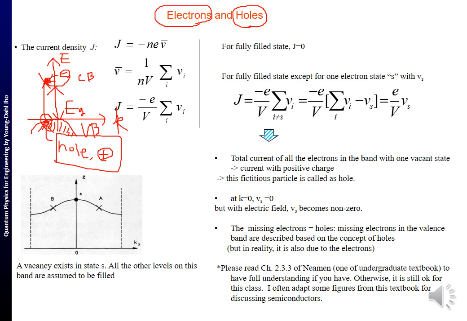The reason behind this is when you consider the current density J in electromagnetism class, J is defined as charge, minus e, so the electronic charge. So this is the current generated by electrons.